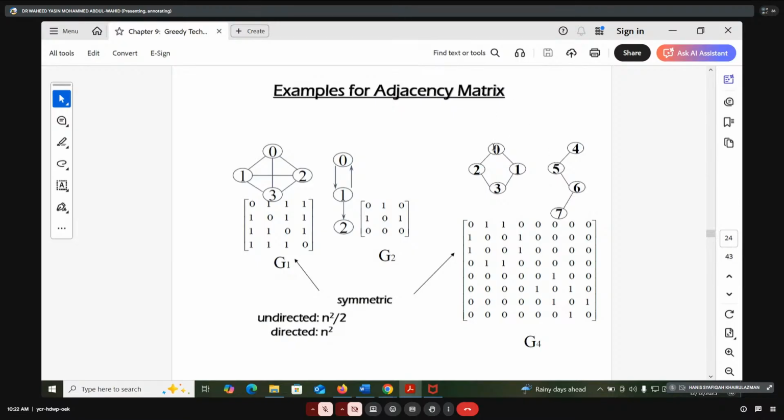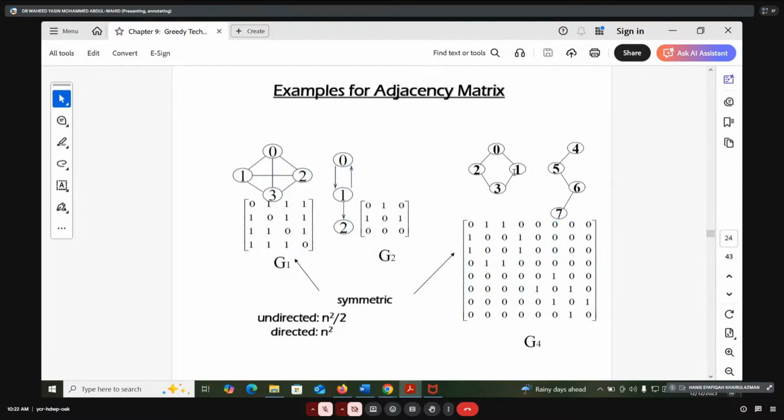So here I have 0, the diagonal will be zeros because I don't have a connection between 0 and 0, and 1 and 1. So it will be 0 until 7. Now from 0 to 1 I have a connection, 1. From 0 to 2 I have a connection, 1. The rest is 0. I don't have a connection from 0 to 4, 0 to 5, 0 to 6, so it will be all zeros.